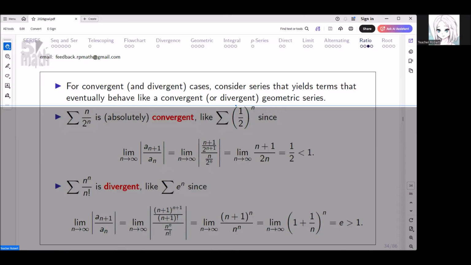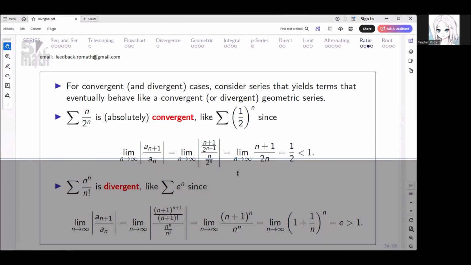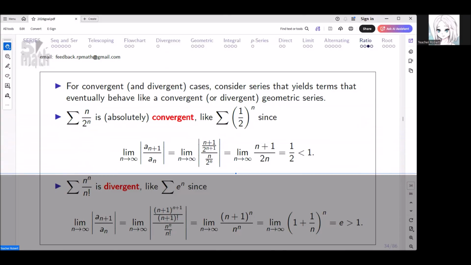For convergent and divergent cases, consider series that yield terms that eventually behave like a convergent or divergent geometric series. This is absolutely convergent, like that, since we have this.